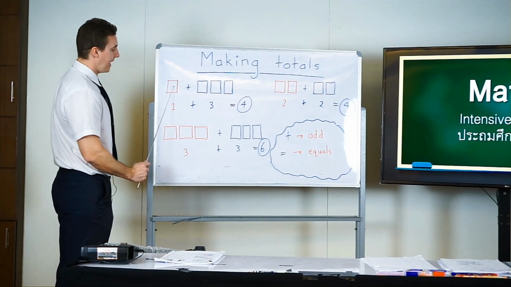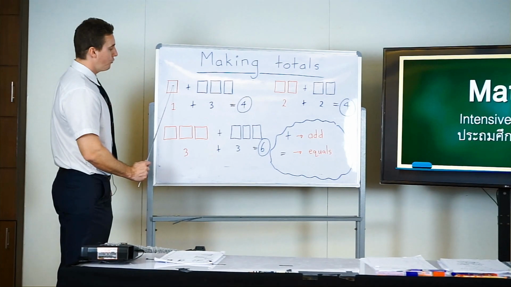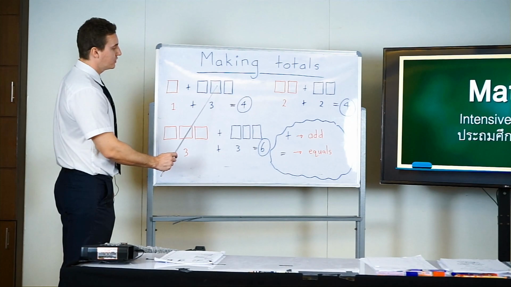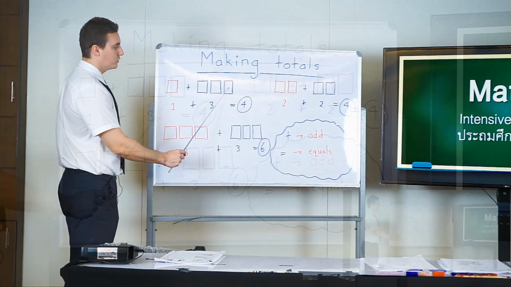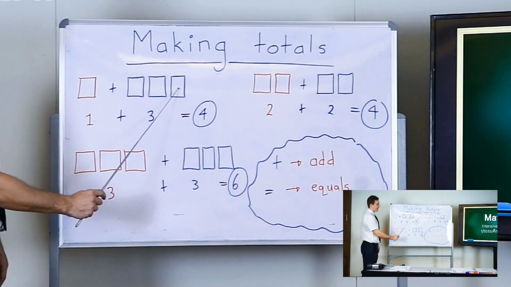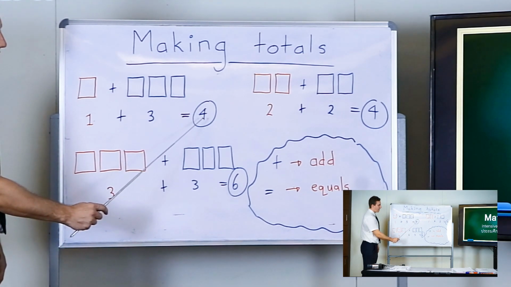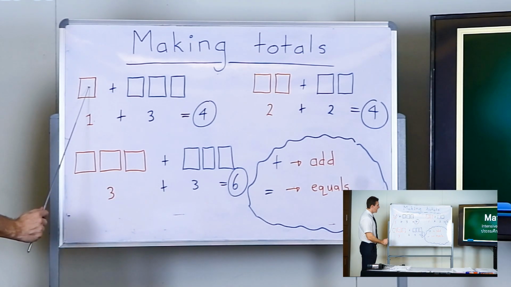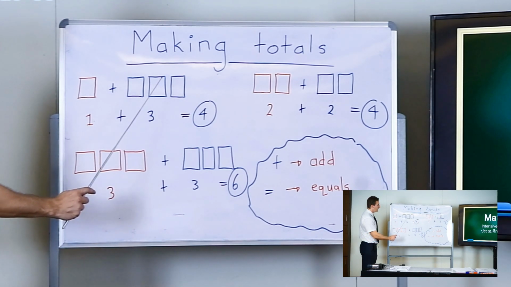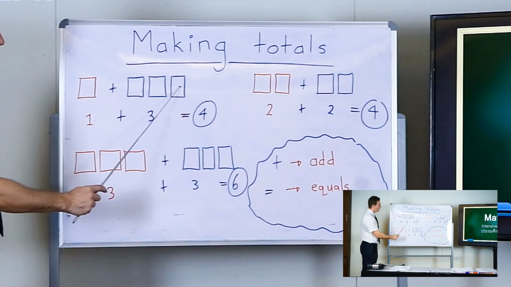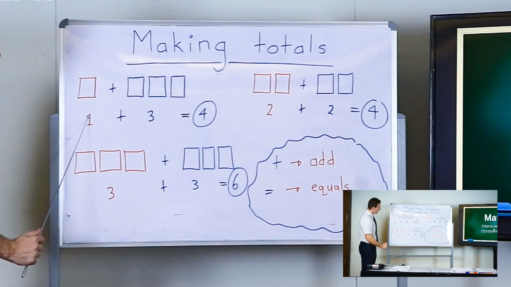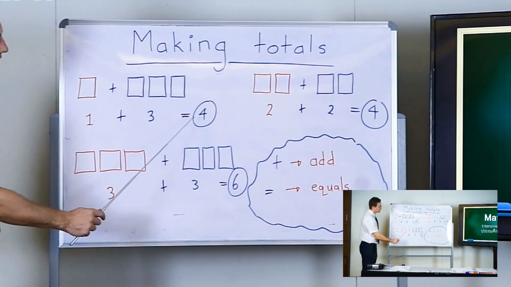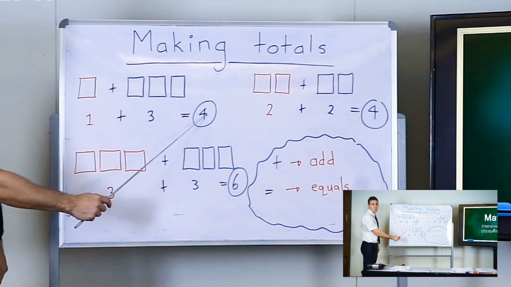Now, if I had to say 1 red square plus 3 blue squares would give me an answer of 4. So if we counted together, 1, 2, 3, 4. So 1 plus 3 equals 4 squares.